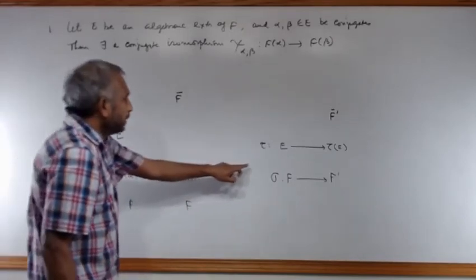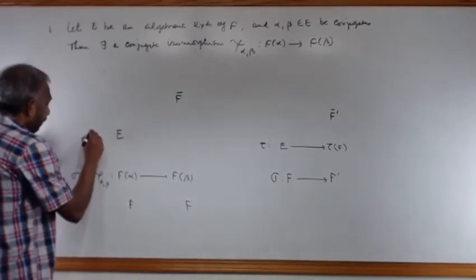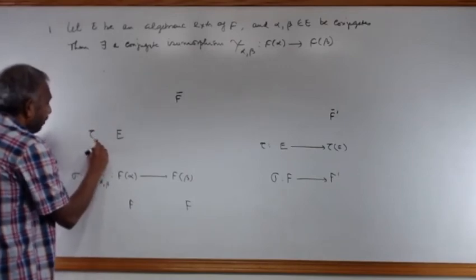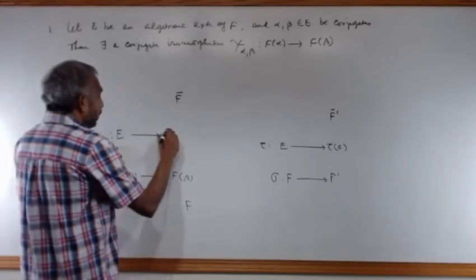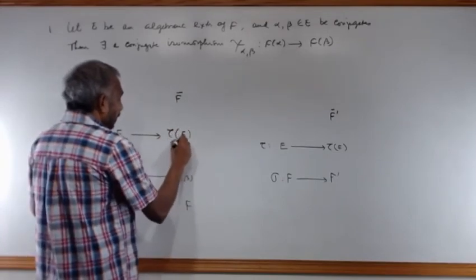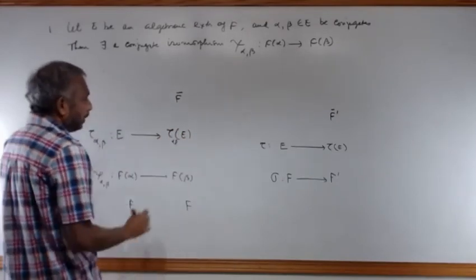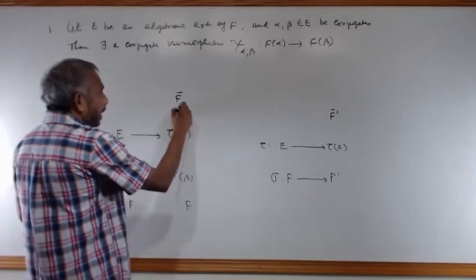So when we apply this rule, we can find a tau alpha beta from E to tau of E alpha beta, and this is a subfield of F prime closure.